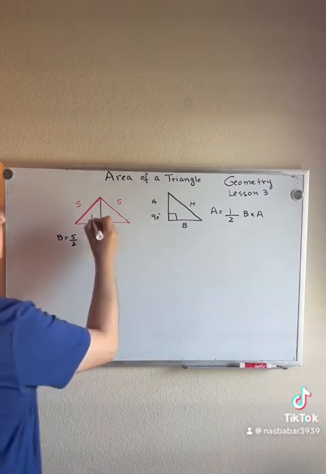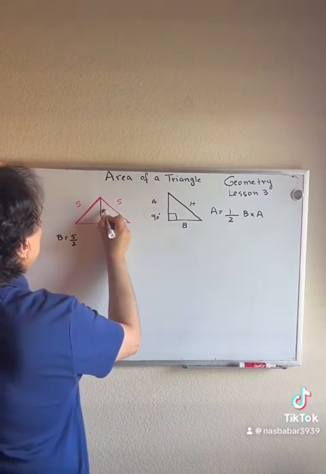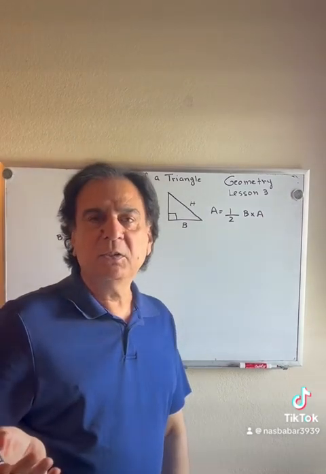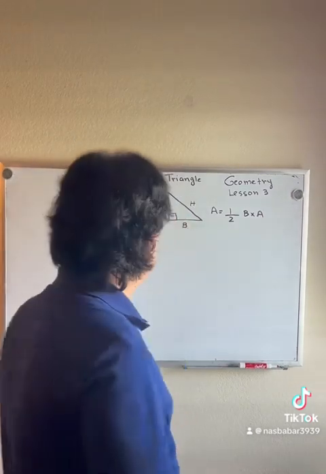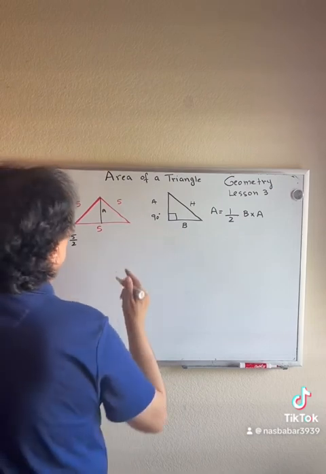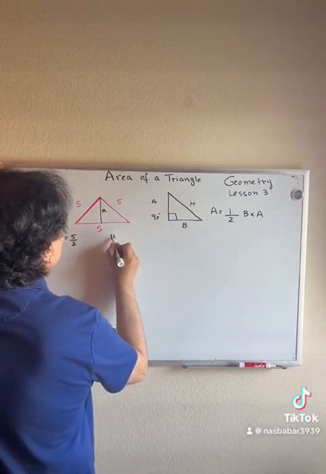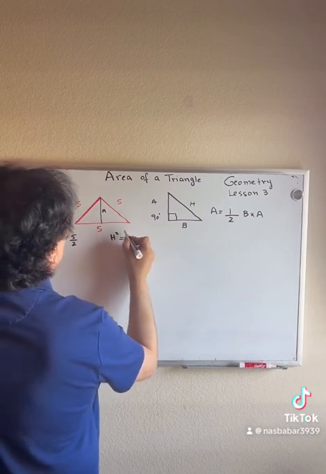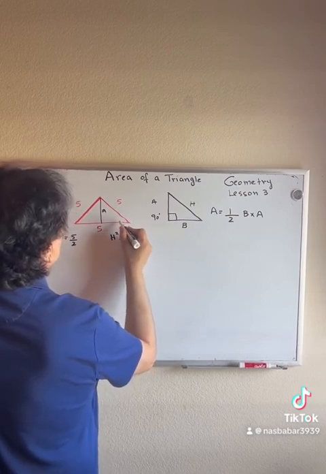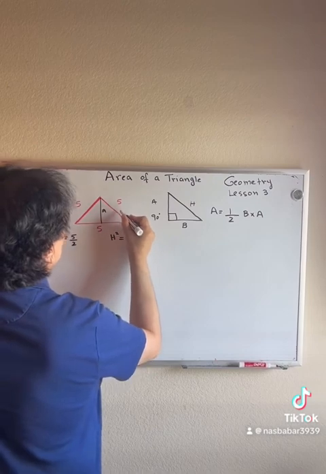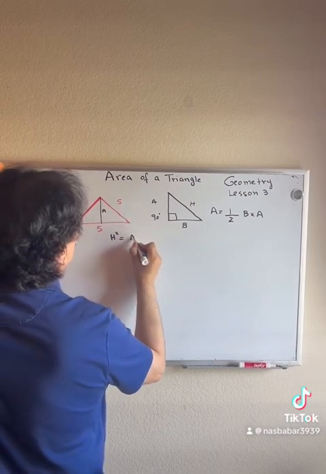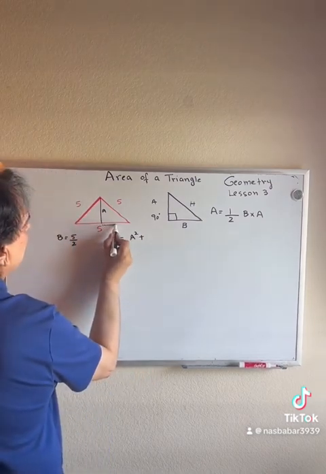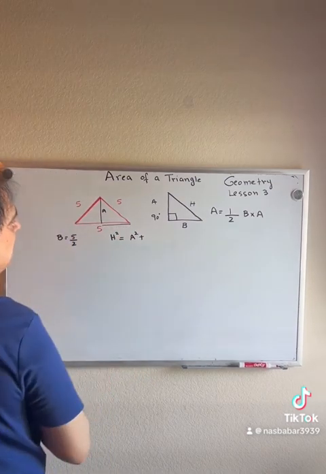But what about the altitude right here? How would you find that? Well, if you recall from your earlier days, there is something called Pythagoras theorem, which basically says that hypotenuse square is equal to altitude square plus this right here squared, okay?